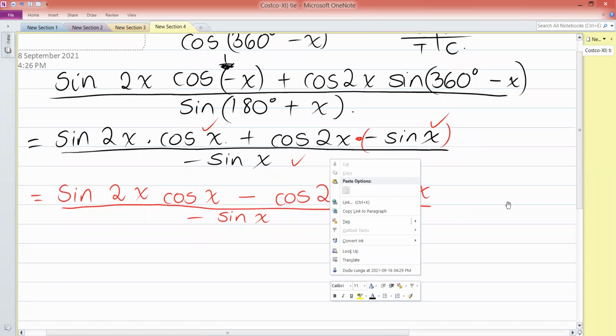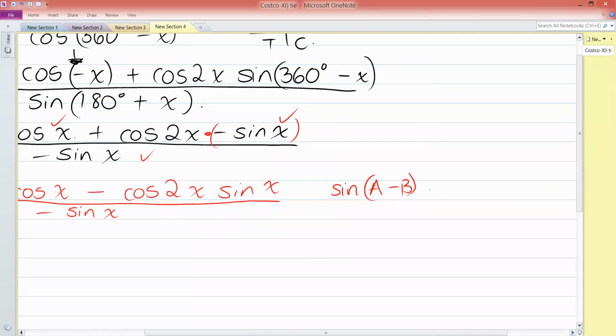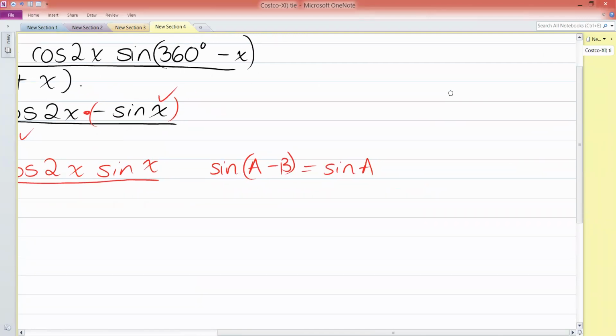What I'm referring to is sine A minus B. If you expand that, you end up with sine A, and then what? What's the expansion? If you get stuck, it's on your formula sheet. Sine A minus B is sine A cos B minus cos A sine B.